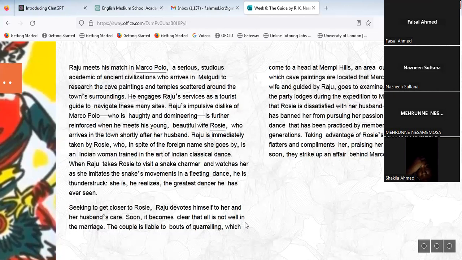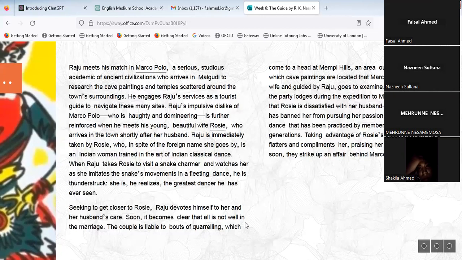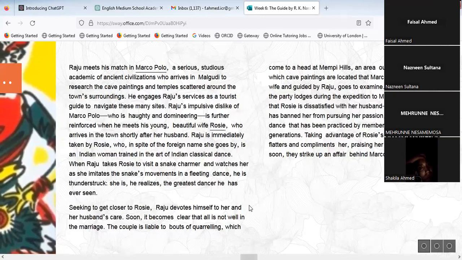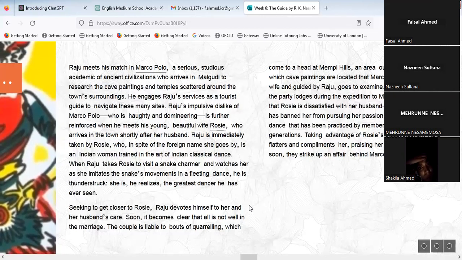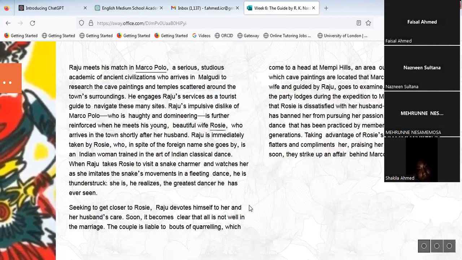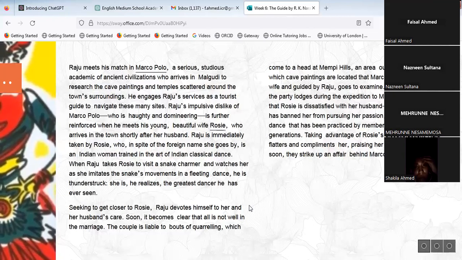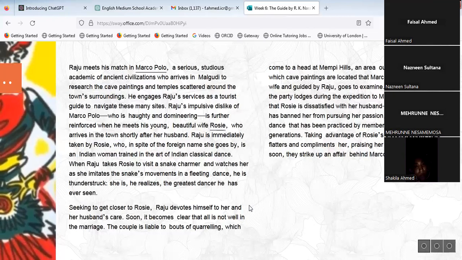The couple in the marriage bond sometimes fall into quarreling, sometimes they misunderstand each other, and sometimes the relationship results in failure. Raju learns these things from Rosie and her husband Marco Polo.